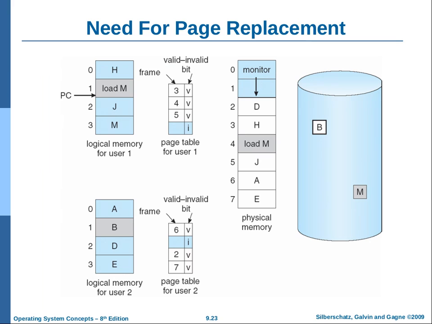I think they could have done a better picture here, but I'll show what's going on. Let's say process 1 is trying to load M, and for some reason this whole thing is in use. So B, which was right here, needs to be written out to disk, and then M will be loaded back in here for process 1 to take.